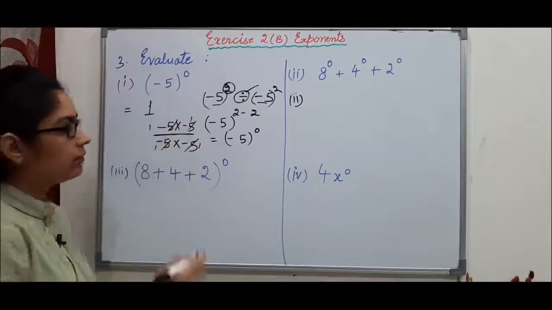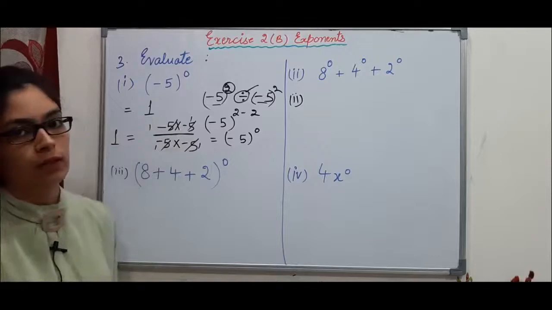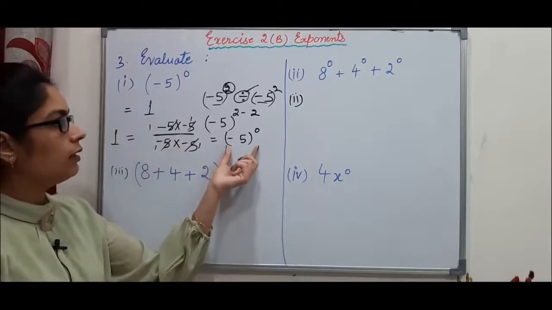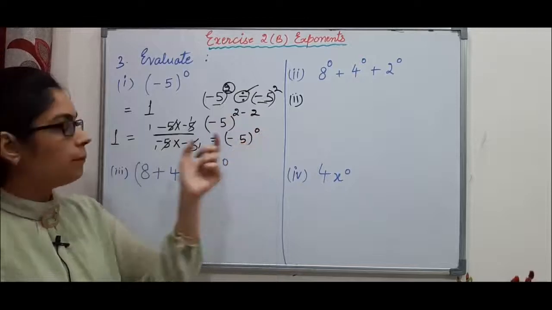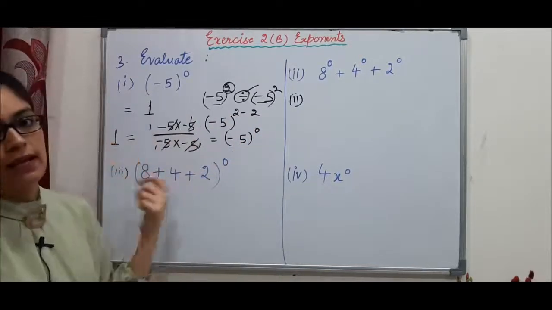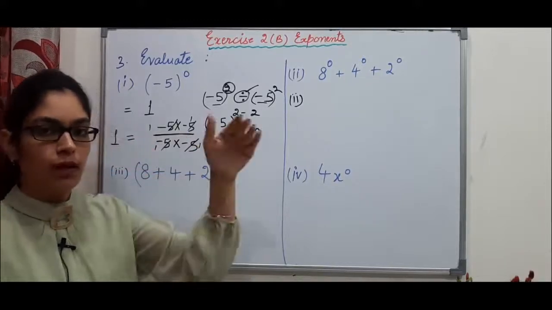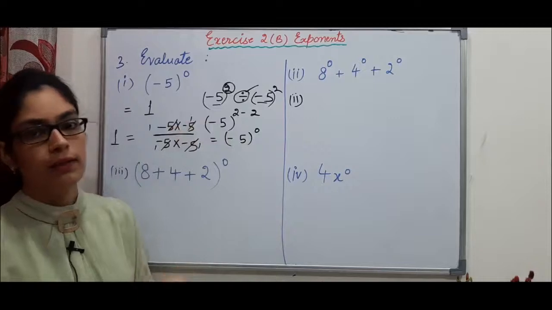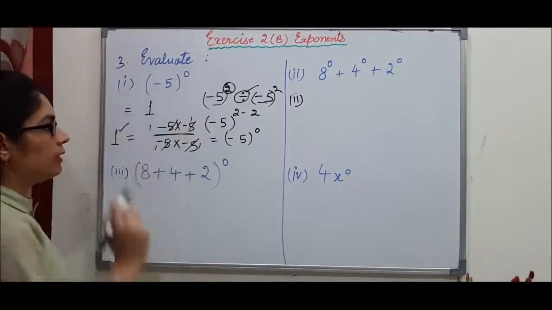If we cancel all, we'll get 1. So on solving I was getting minus 5 to the power 0, but solving this way, I am getting 1. That is why, because when the power is 0, all the numbers in numerator and denominator get cancelled, due to which we get 1 as the answer.